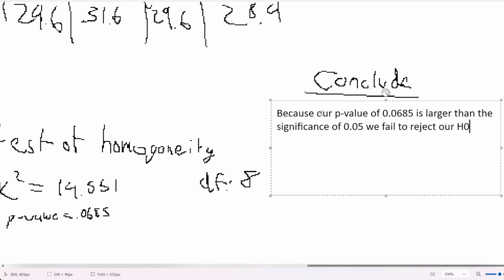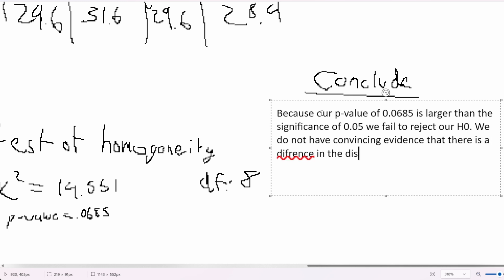Can't accept it, but you understand. We do not have convincing evidence that there is a difference in the distribution of personality types among the three college majors. There we go.